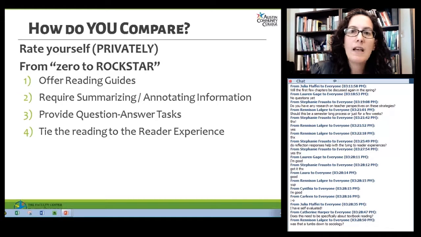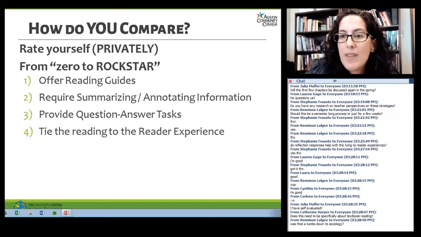It takes some class time, but it gives me a chance to assess how well they are able to read on the fly and then respond to materials. So it doesn't just have to be textbooks. You could say, hey, read this online article, or go to a website or something else.